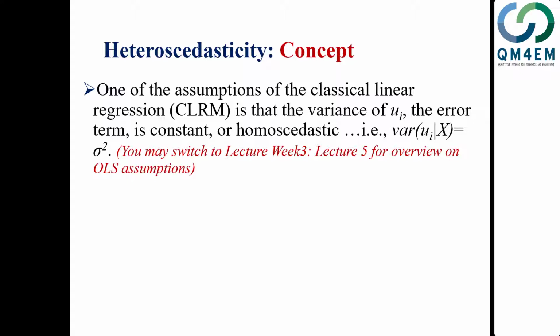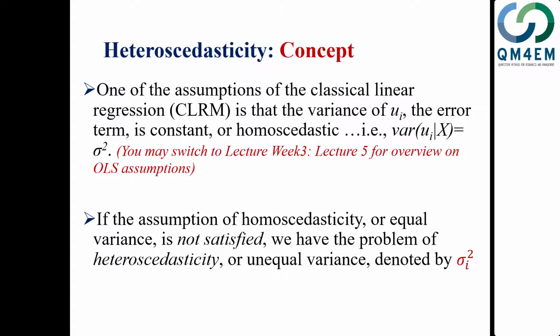Mathematically, the variance of the error term given the explanatory variable should be equal to sigma square, a constant variance. When this assumption of constant variance gets violated, we say that the problem of heteroscedasticity arises, an issue of unequal variance, and this unequal variance is denoted by sigma square i.